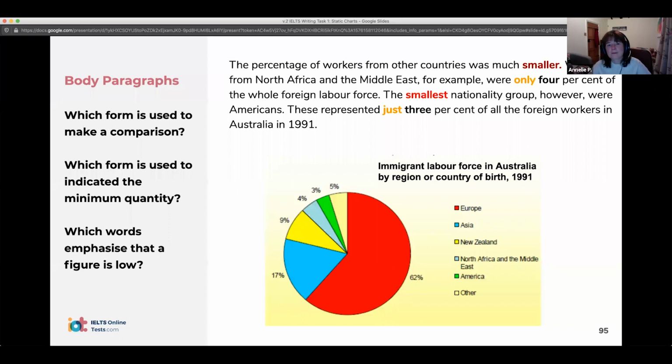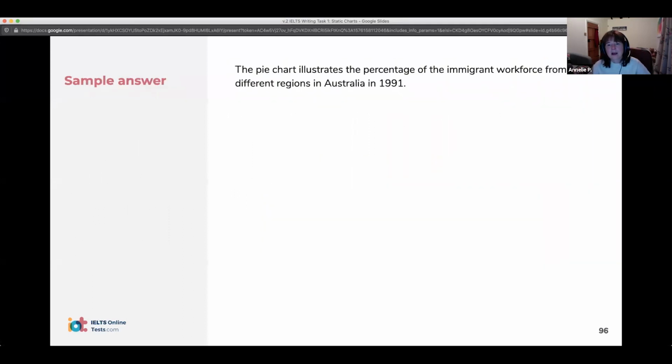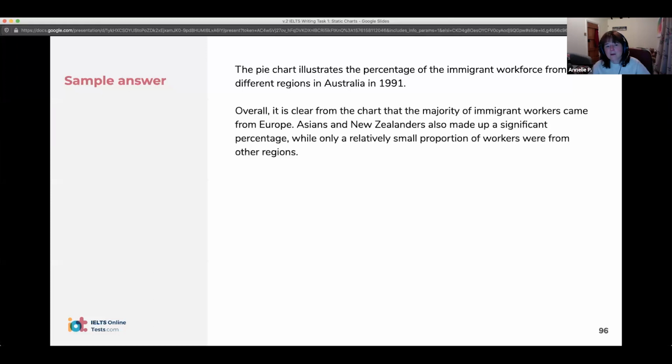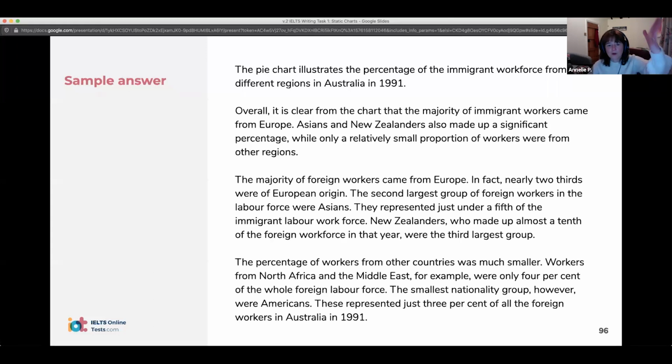All right. Okay. So now I can show you the full answer. Okay, so introductory sentence, overview, and then 2 body paragraphs. Overview contains only the key information. Body paragraphs contain the detail, which are supported with the data, the exact data. Okay.